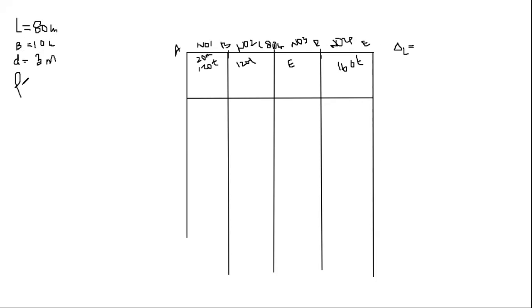Rho is given to us, 1.010, or it is given in kg, 1010 kg per meter cube. So this is given to us.